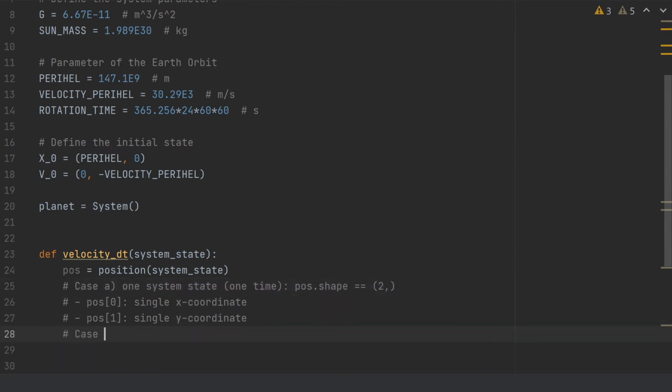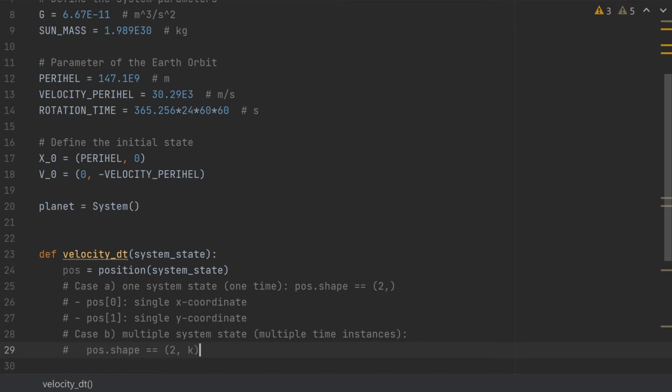The other case is we have multiple system states, multiple time instances. In that case, we have the shape of pos equal 2 comma k. And here k is the number of time instances.